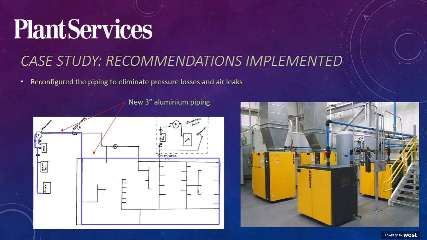Without creating this loop and upgrading the system piping, I would suggest that simply changing the compressors would have resulted in the same problems. 3-inch aluminum piping was a great choice, allowing for system expansion and providing a piping network that isn't susceptible to rust and scale like the existing black pipe was. Plus, if we abandon the existing black pipe in place, this would also give rise to eliminating potential leakages.